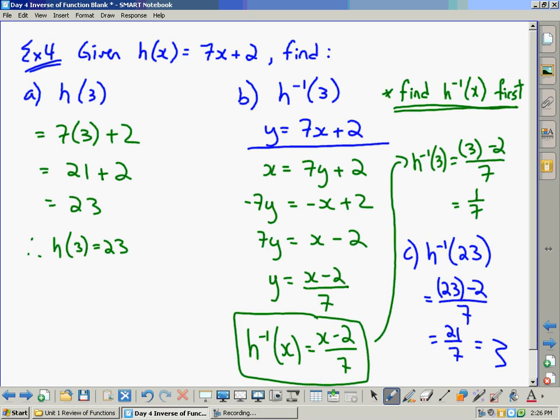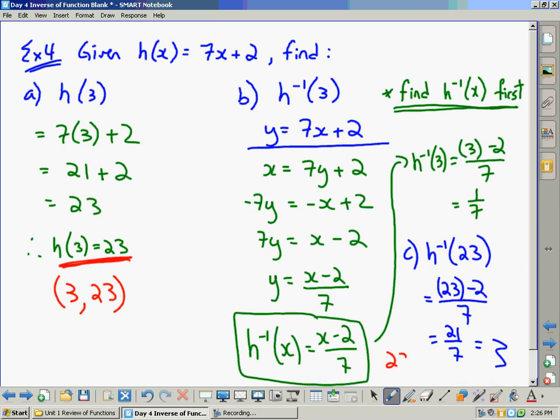And if I stop and think about this, am I surprised that the answer is 3? Well, no. I didn't randomly pick 23 off the top of my head. Where did I get that 23? Well, I got it right here. And remember, if I put in 3, it spits out a 23 into the original h function. The inverse then would just be taking those and switching the x and the y.